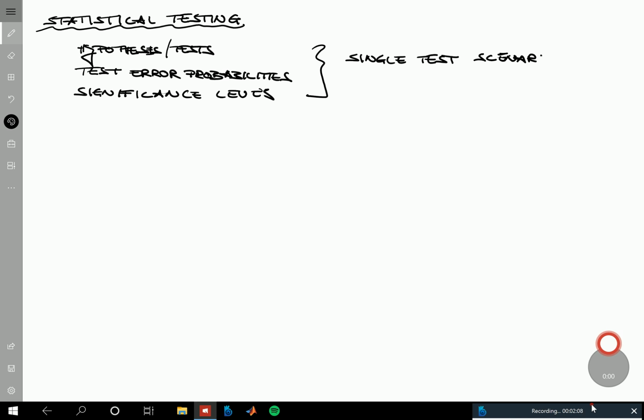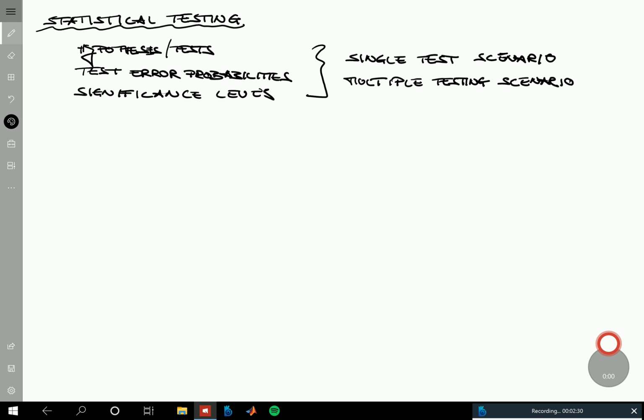Single test scenario. And then we're going to talk about the same concepts in the multiple testing scenario, where you basically do a test at every voxel that you have acquired or over all the clusters that you have observed.